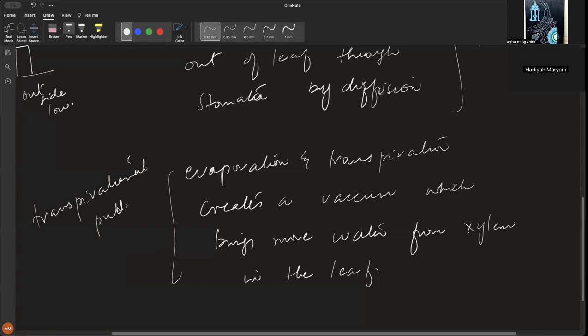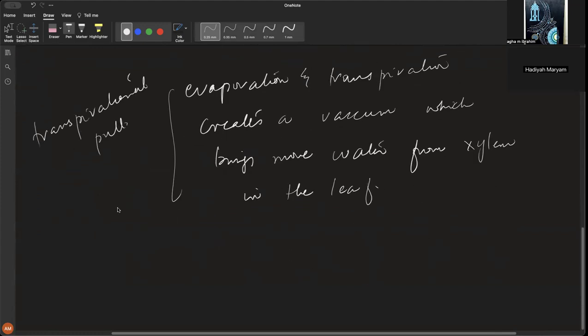So that vacuum becomes a force which brings the water up the xylem vessel. We have already studied that transpirational pull is one of the strongest and most influential factors. Once the stomata get closed, we see that the movement up the xylem vessel becomes very slow, almost like none.